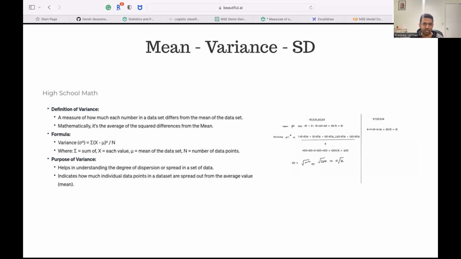We calculate the mean for a given data set, and then you calculate the variance out of it. And then you make some interpretation based on the value you get for the variance.